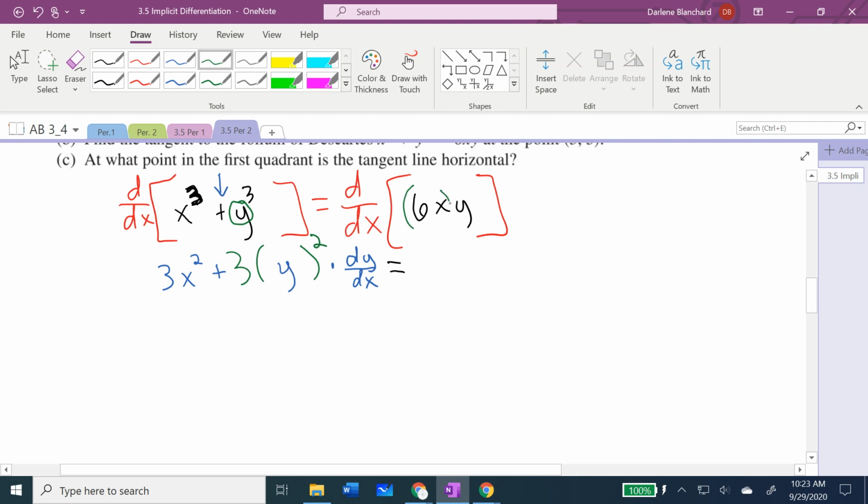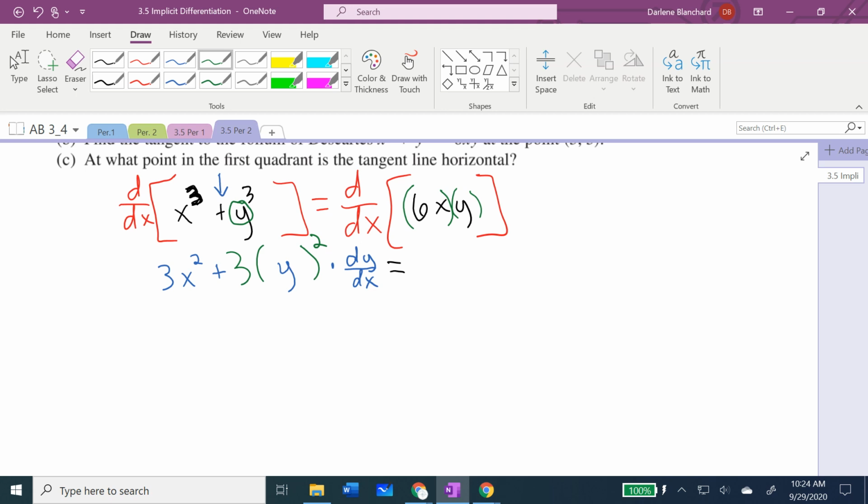I can group the 6 with the x and say I've got one function that is 6x multiplied by another. I'm just going to say, quote, function, relation, really. So I'm multiplying a 6x and a y. What rule do I need to use? The product rule. The common mistake is people just don't product rule it. They just take the derivative straight across the board. So be very careful.